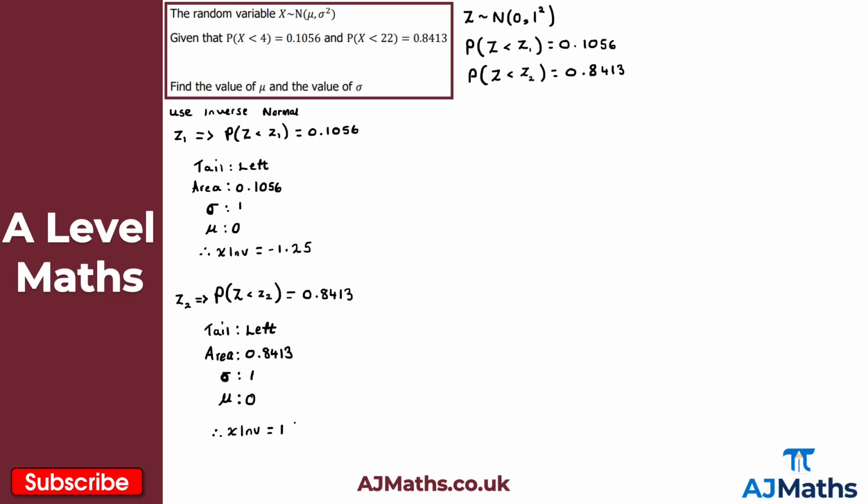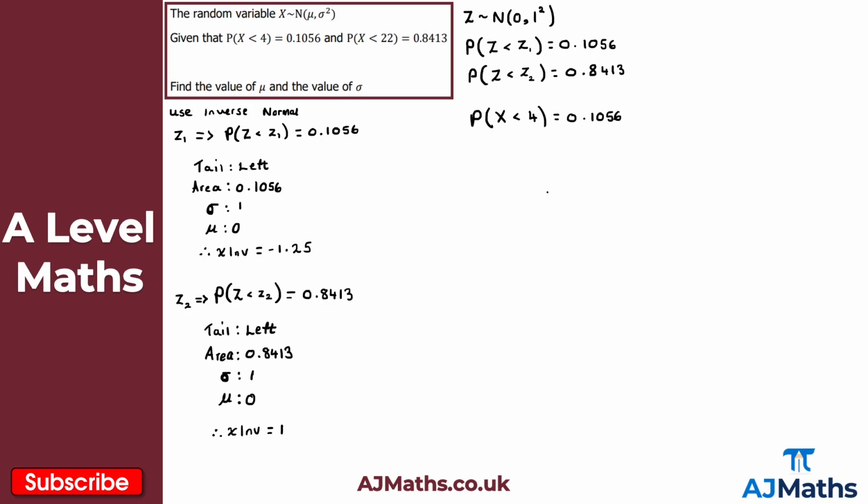So now we've got x inverse for z1 and x inverse for z2. Now we go back to the original probabilities. I've got the probability that x is less than 4, and that's equal to 0.1056.